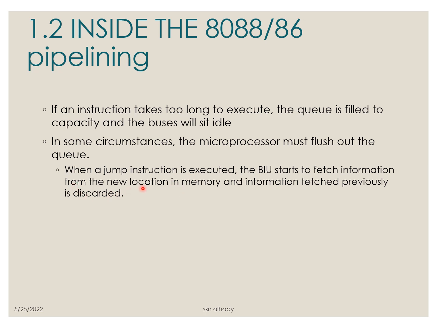If a jump instruction is executed, the BIU starts to fetch information from a new location in the memory. It's not in sequence. Suddenly it goes to another location. So what is being executed and fetched into the queue needs to be flushed, emptied, and go to the new location.